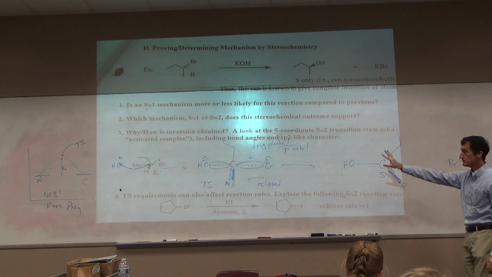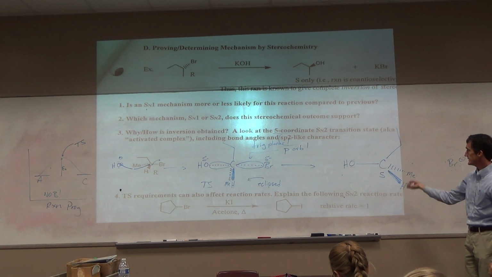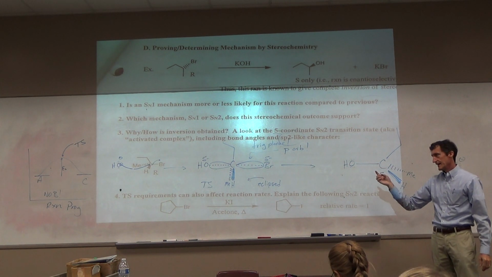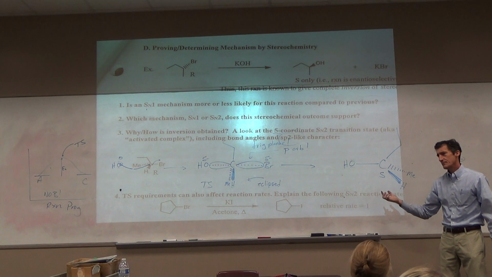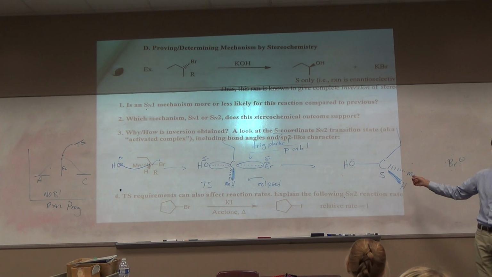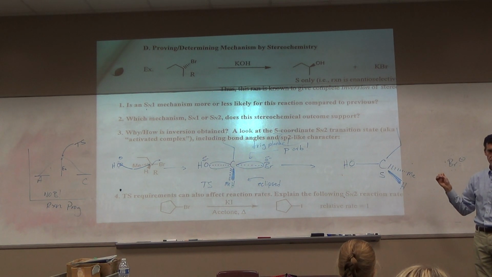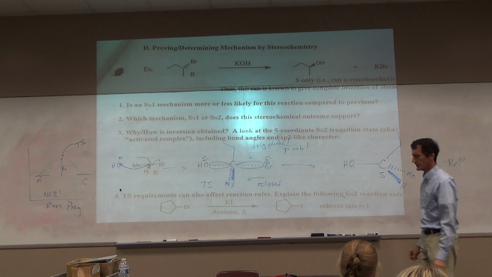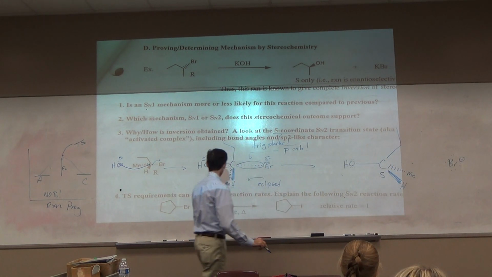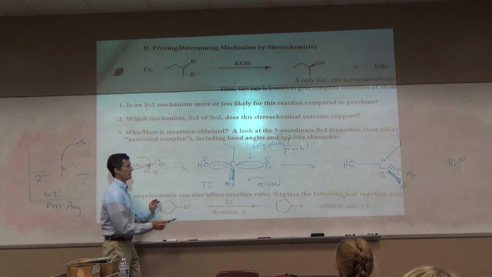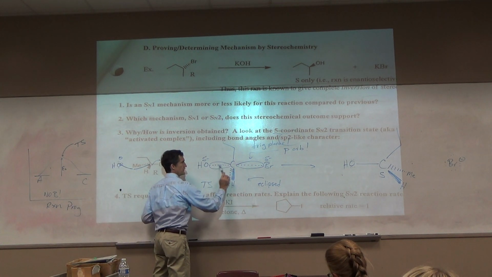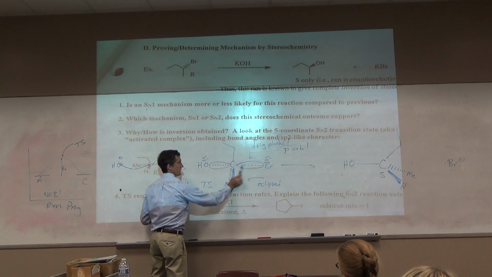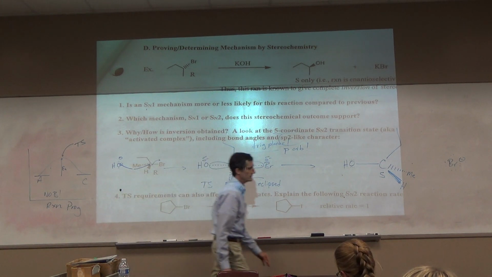Okay, it went through a planar transition state. That's called inversion. 99.9% of the time, you're going to go from R to S. You're inverting your stereochemistry. Okay, for us, it's always going to be like that. Important though, it takes on a p orbital in the transition state. Consequences of that.